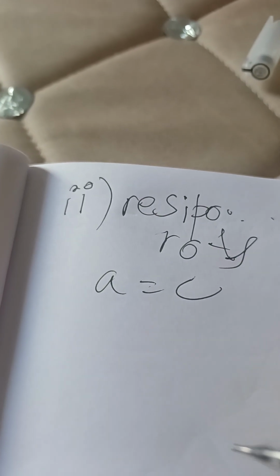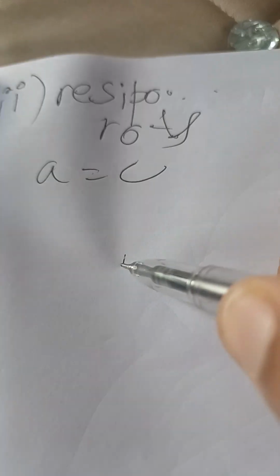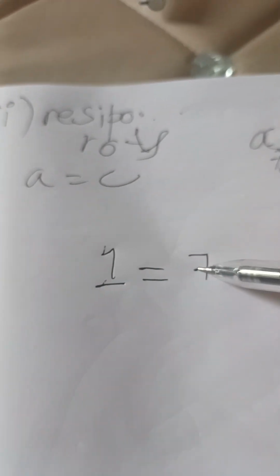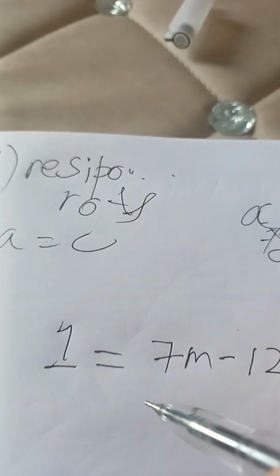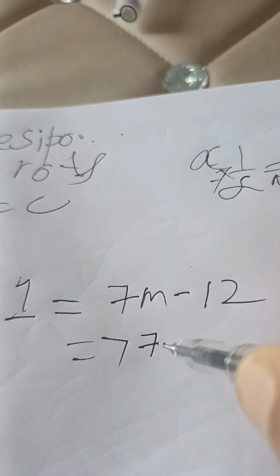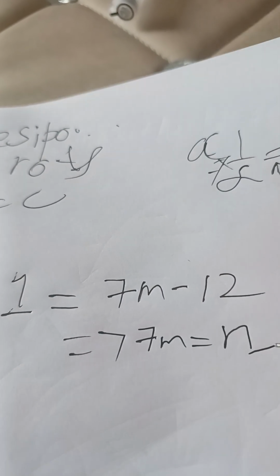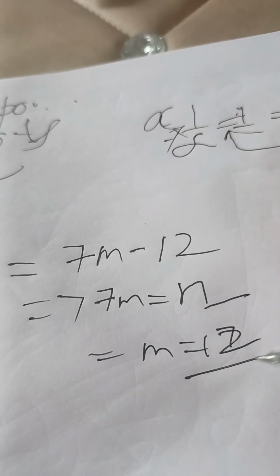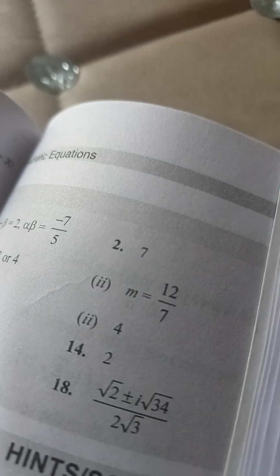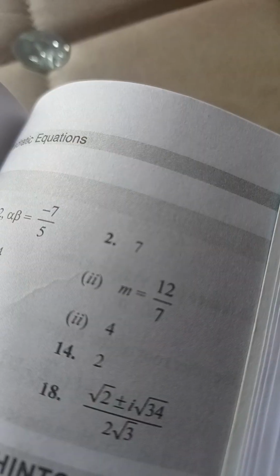Okay, fine. Reciprocal roots: a is 1, and c is 7m minus 12. Which just means 7m is equal to 12 and m is equal to 12 by 7. Somehow this is also correct this whole time.